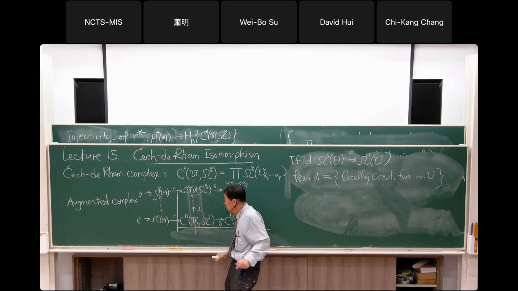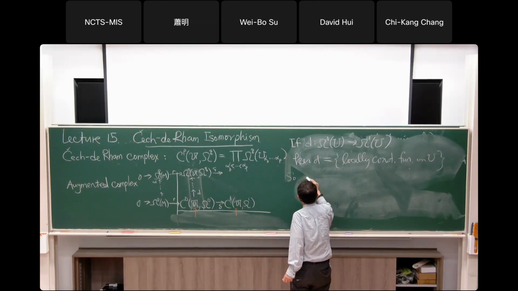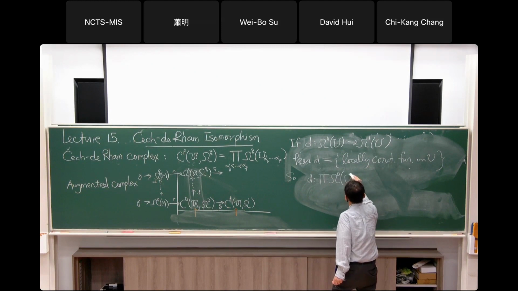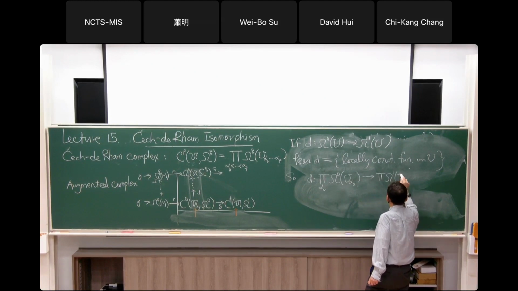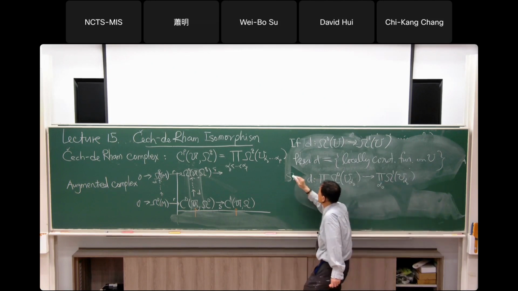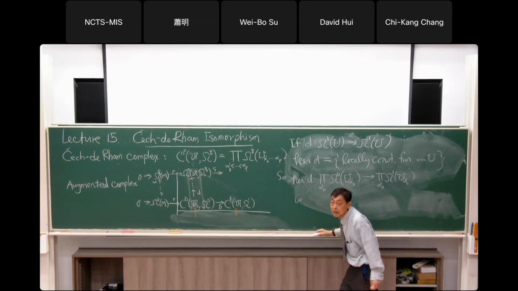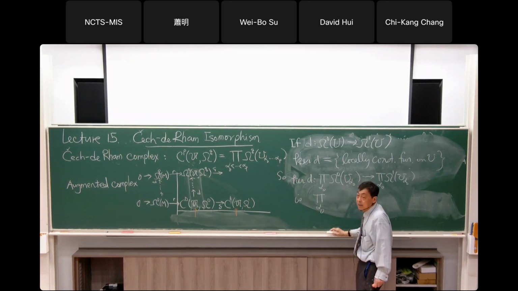And this D here just means you are taking the exterior derivative of functions on each open set of the open cover. So if you have D going from 0 forms on all open sets, the kernel of this D is going to be the direct product of locally constant functions on each open set.